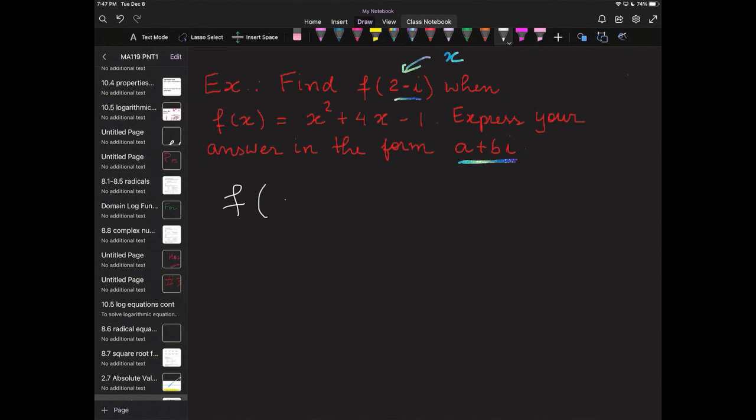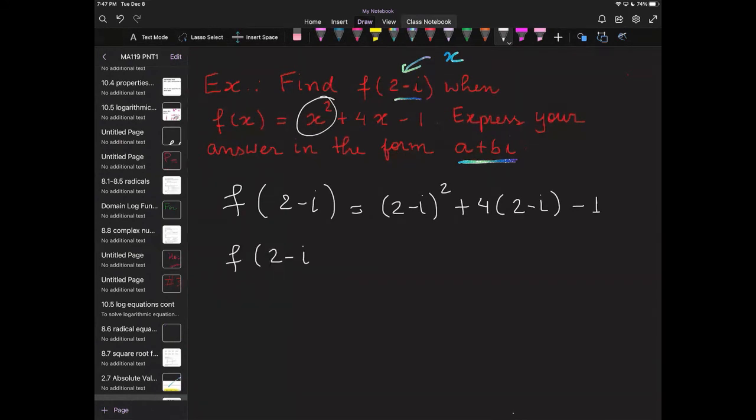So f of 2 minus i. We're going to square the number 2 minus i and then add 4 times the number 2 minus i and then minus 1.